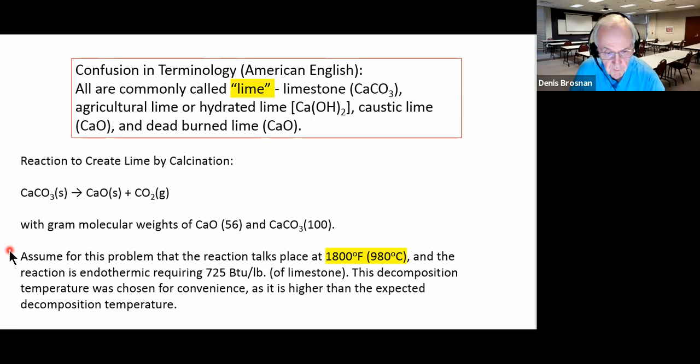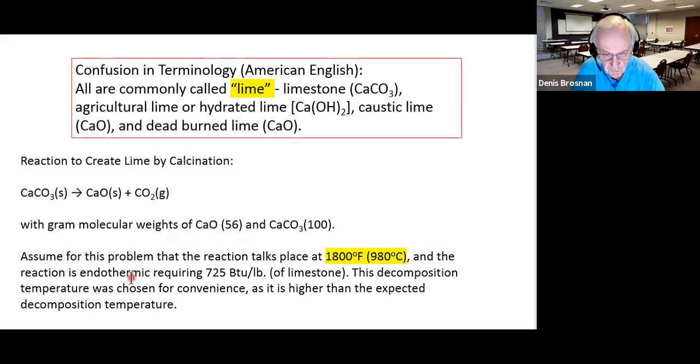That's just for convenience in calculation in the problem. It actually takes place a little lower than 980 degrees C, somewhere in the realm of 600 to 800 degrees C. But I'm pretending, just for the purpose of this problem, it takes place at 980 degrees C, or about 1800 degrees Fahrenheit. So I only have to do one specific heat calculation.